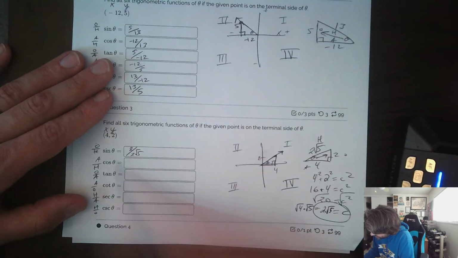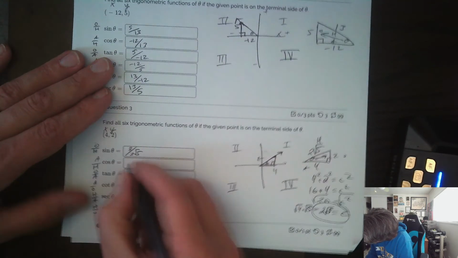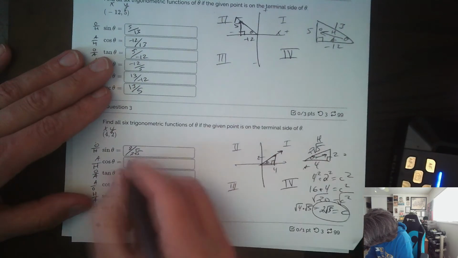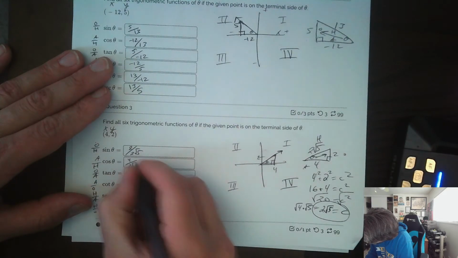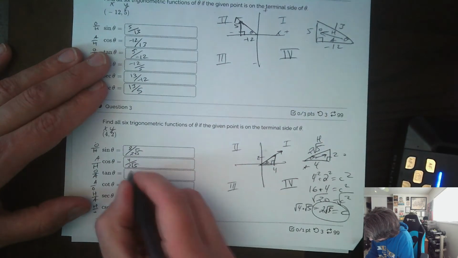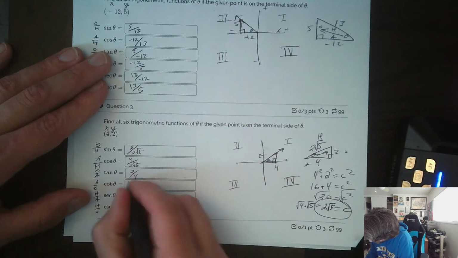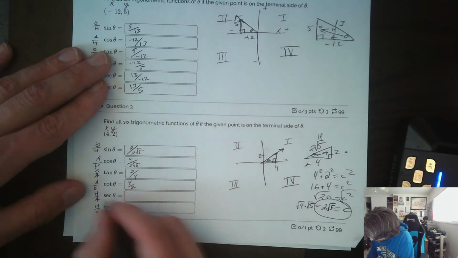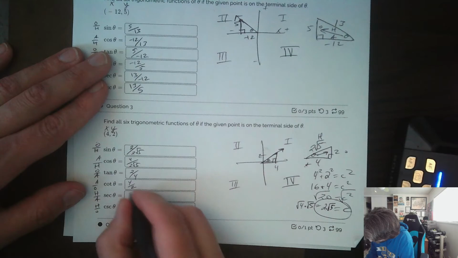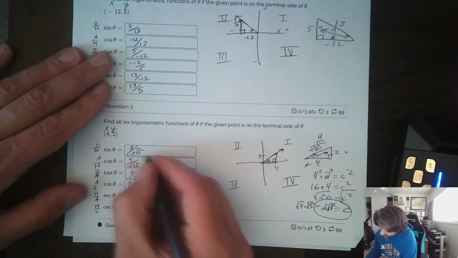Cosine will be adjacent over hypotenuse, so 4 over 2 radical 5. Tangent will be 2 over 4. Cotangent 4 over 2. Yeah, just flip these upside down. Secant, hypotenuse over adjacent, would be radical 5 over 2, and cosecant radical 5 over 1.